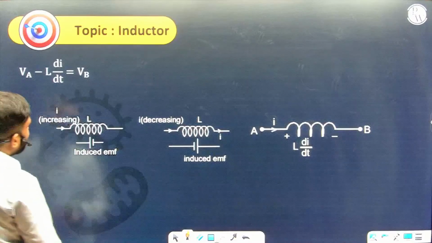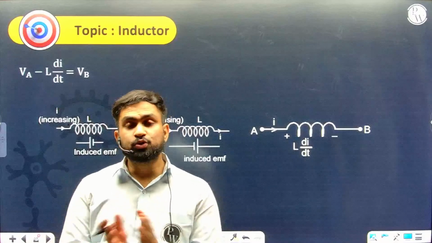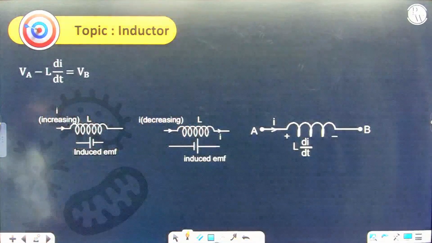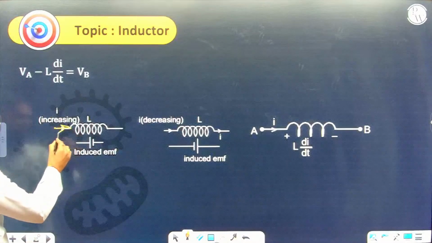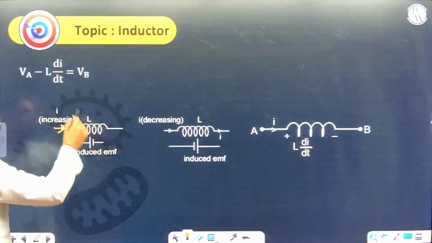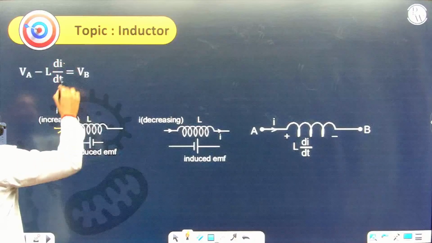Now for the inductor, we have the induced EMF. Induced EMF is the potential difference. Say current is passing through the inductor and the current is increasing, so di/dt is positive.